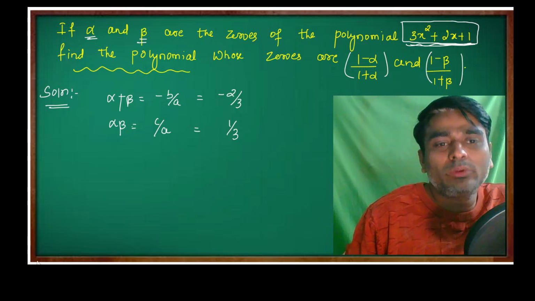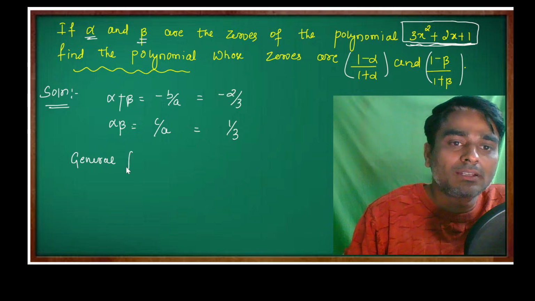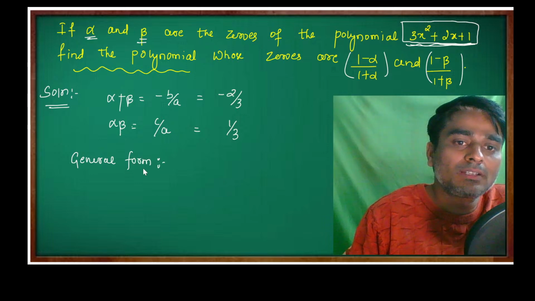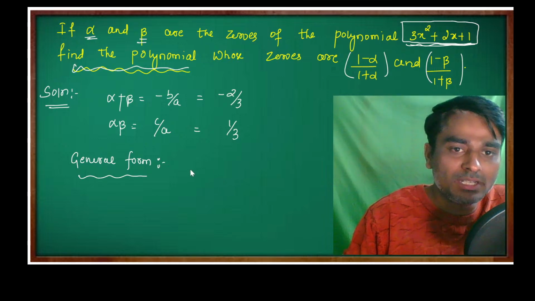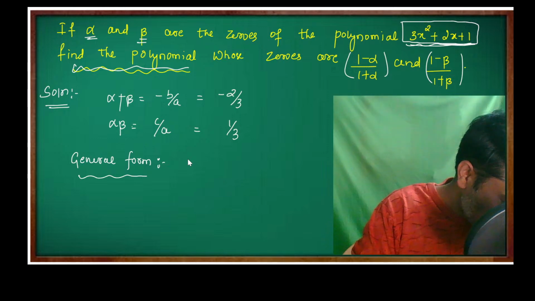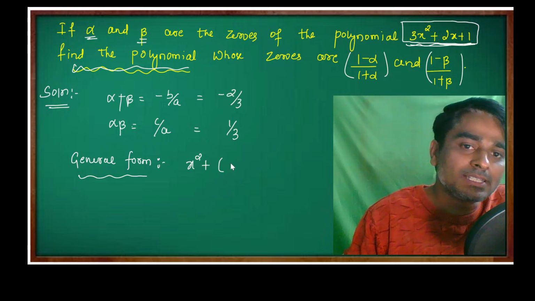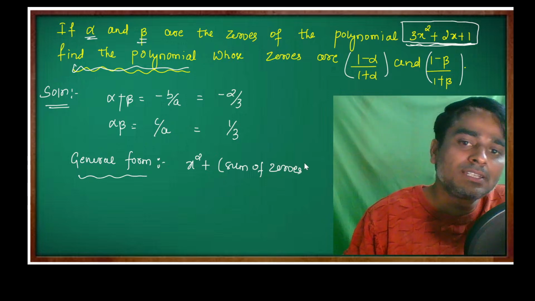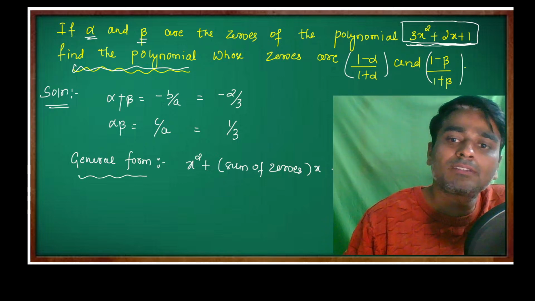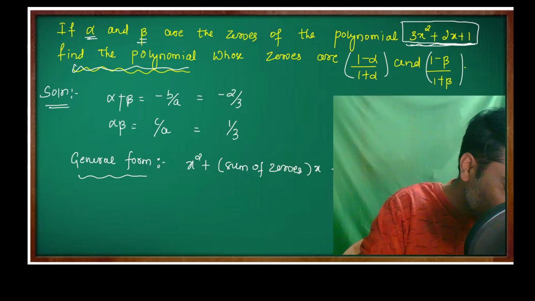Now, what is the general form of a polynomial? Because you have to find the polynomial, no? General form is x square plus sum of zeros into x plus product of zeros.